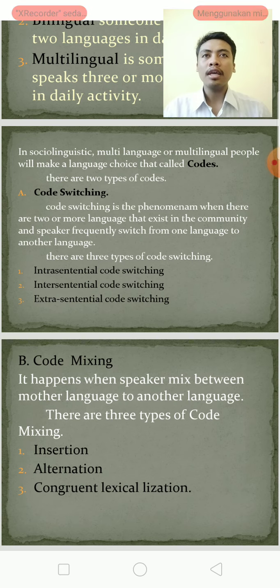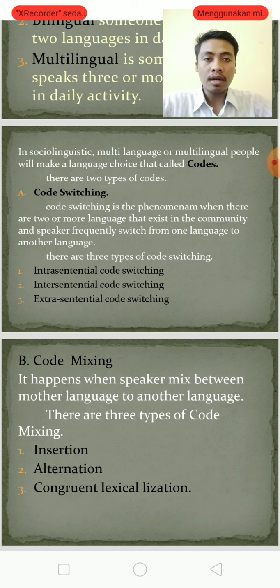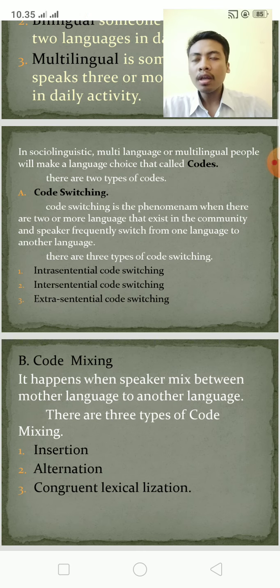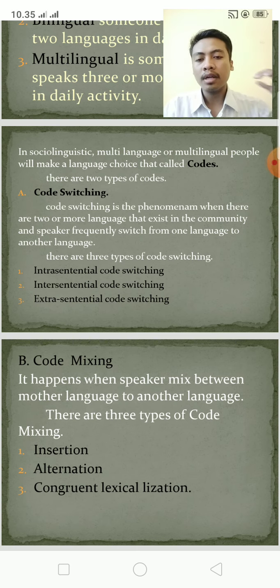It sometimes occurs in people who have parents from foreign countries, or what we usually call blasteran. It encourages a person who speaks another language by their dialect.